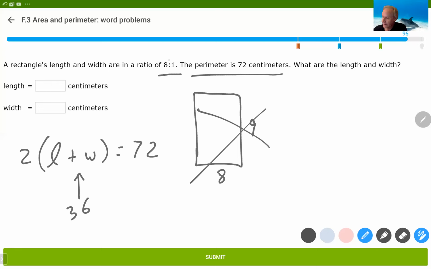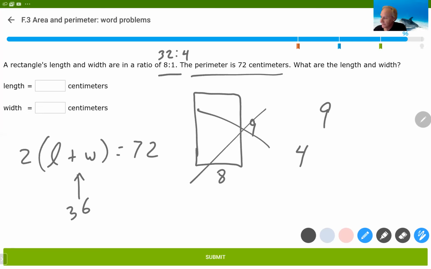What we have is 8 and 1 shares, which makes 9 shares total. If the 9 shares add up to 36, then each share is worth 4, and that gives me 4 times 8 is 32, and 1 times 4.